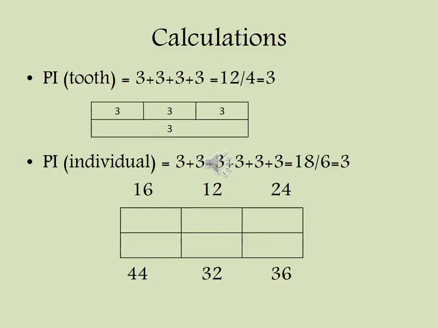In the same manner, the plaque index for each index tooth is calculated for all the 6 index teeth, and then the plaque index for that patient can be calculated by adding the scores of all the 6 index teeth and then dividing it by 6. We get the plaque index for that patient.